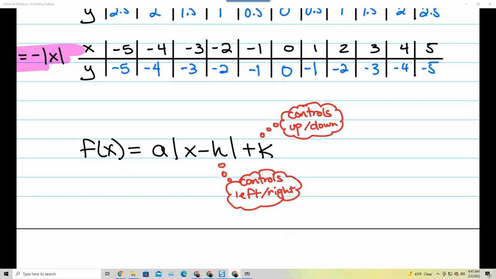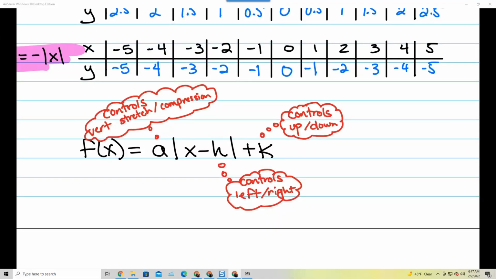And then the last thing is I know that this a up here controls whether this is a vertical stretch, that means long and skinny, or compression, that means short and fat, depending on whether the number in the front is bigger than 1, it's going to stretch, or less than 1, then it's going to compress. And I'm just talking about the number, I'm not talking about the sign, okay?